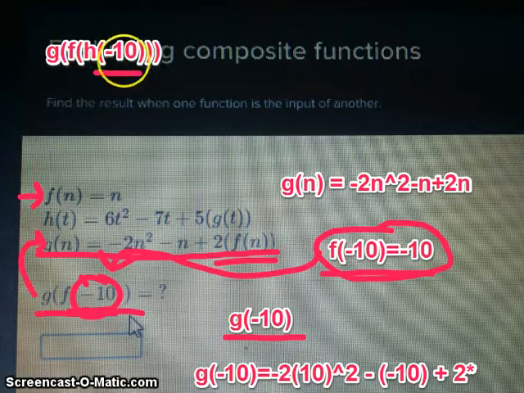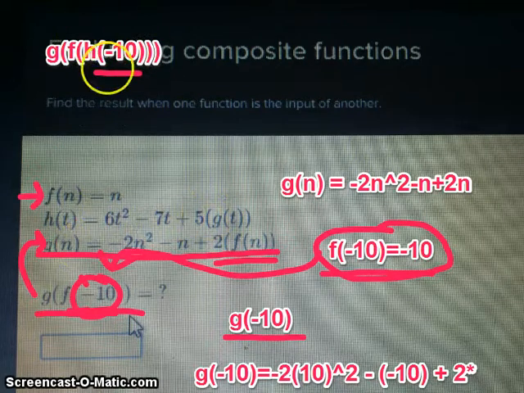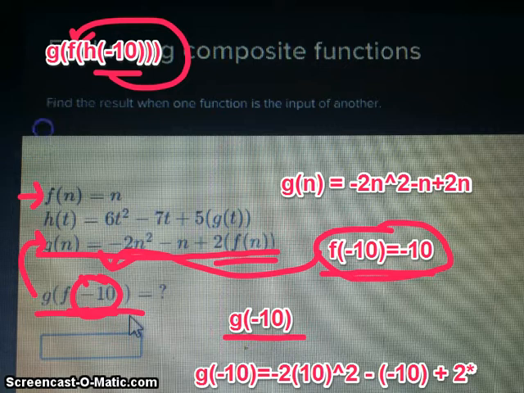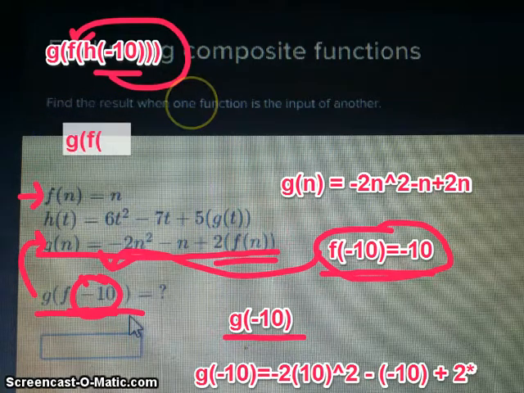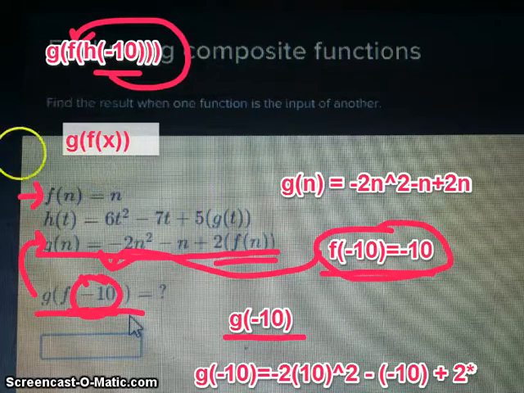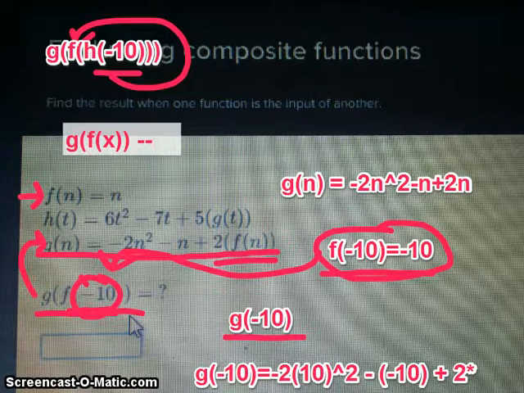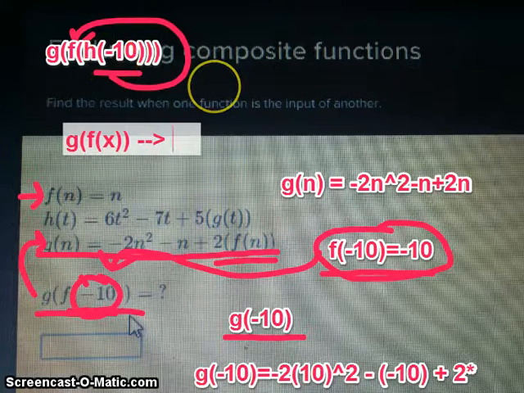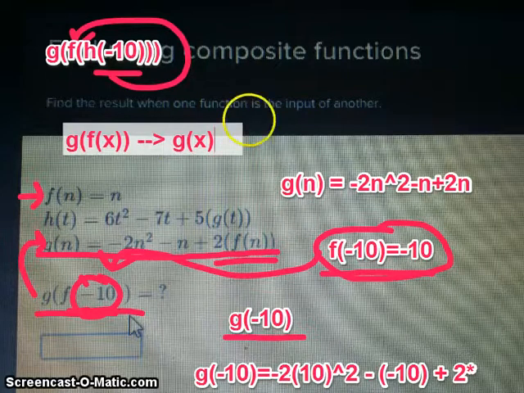Once you found out what that was by using this function, then you would be able to plug that in, and that would reduce down to g of f of whatever that value was. Let's just call it x for now. And then after you evaluate that function f for whatever value that we found from function h, then that would just simplify once again down to g of whatever that number would be. And then you could evaluate g for that variable.